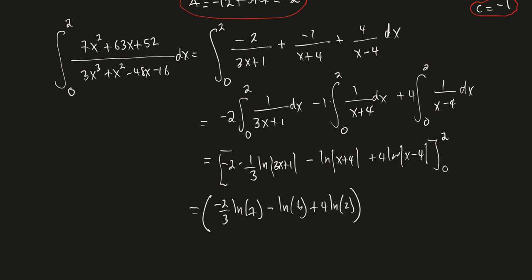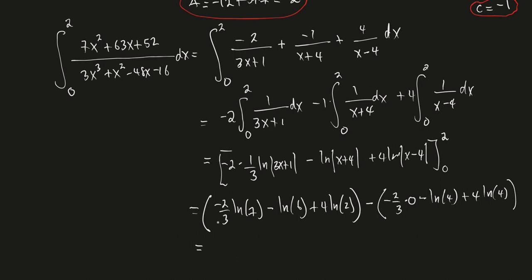So that's at the upper limit, and then at the lower limit, when we plug 0 in, what do we get? Again, negative 2/3 ln of 1, which is 0, and then minus the ln of 4, and then plus 4 times the ln of the absolute value of negative 4, and that absolute value makes it a positive 4.